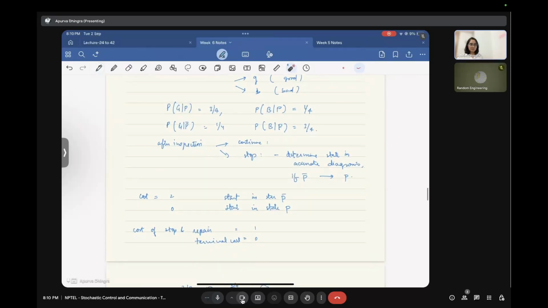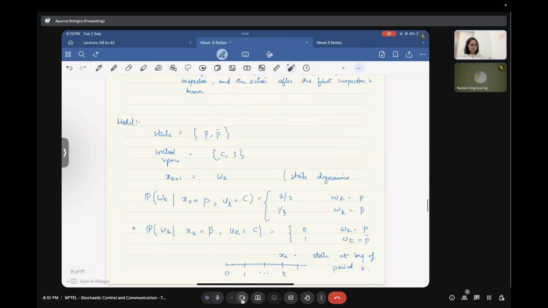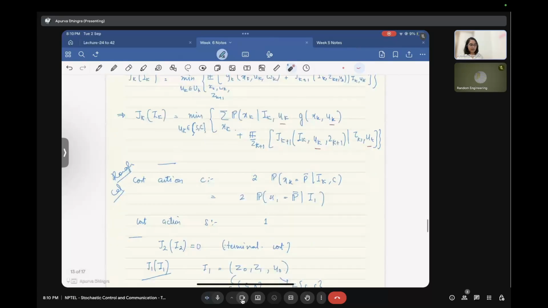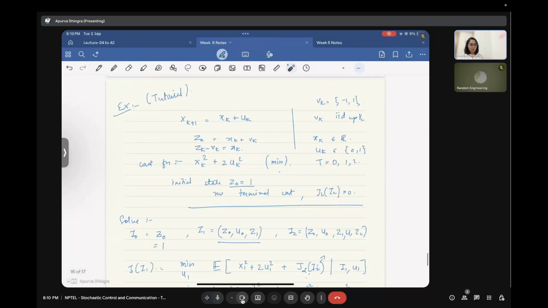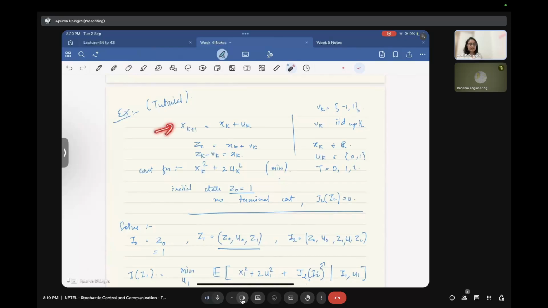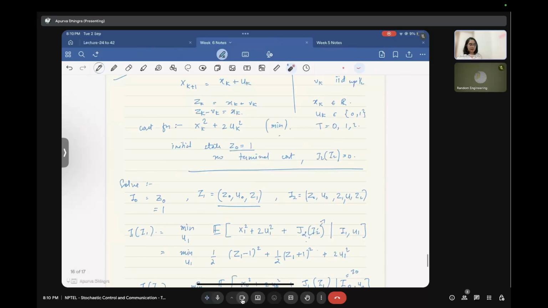And one problem was solved in class, in the lectures, and one we tried right now. The one that we tried right now focused on linear action, linear state dynamics, and there was this observation, which is the component that had an additive noise, and we tried solving for it.